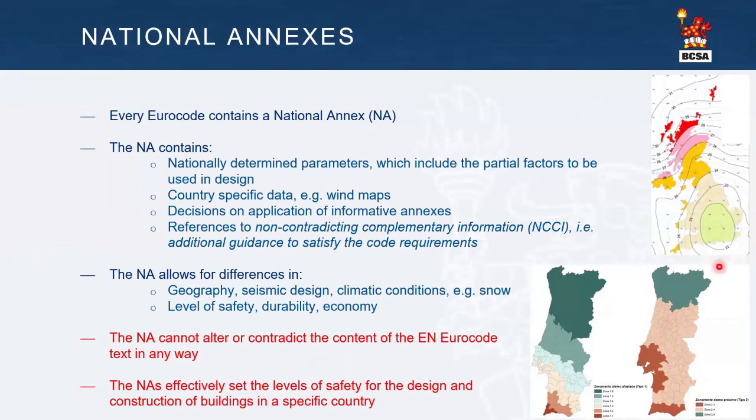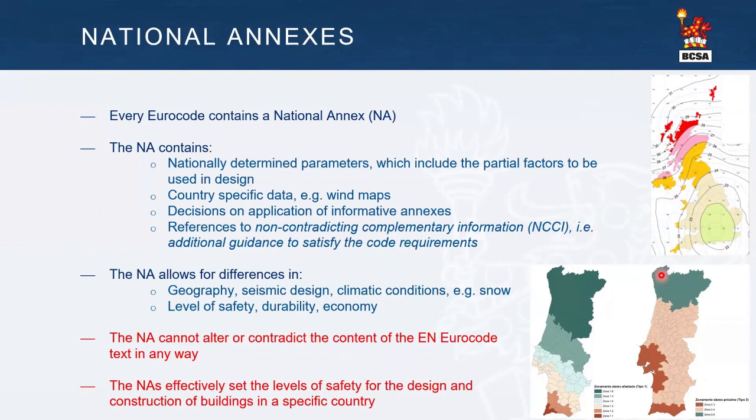On the right, you can see the current wind map for the UK, or for example, the seismic map zones of a specific country. I show here the case of Portugal, which divides the country in different seismic areas.